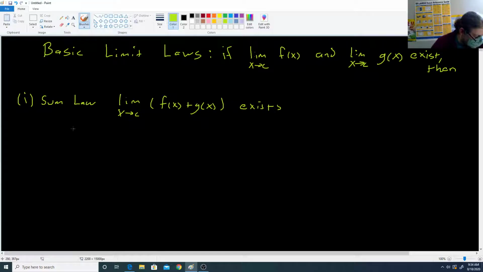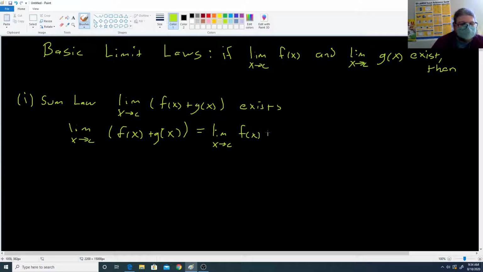And furthermore, the limit as x approaches c of f of x plus g of x equals the sum of the two limits: the limit as x approaches c of f of x plus the limit as x approaches c of g of x.